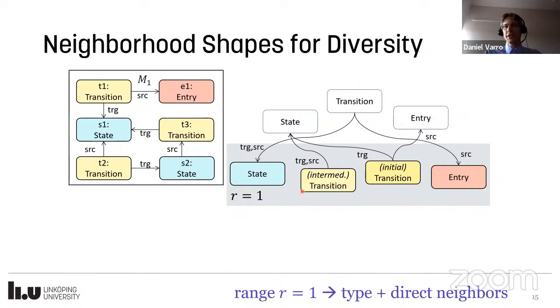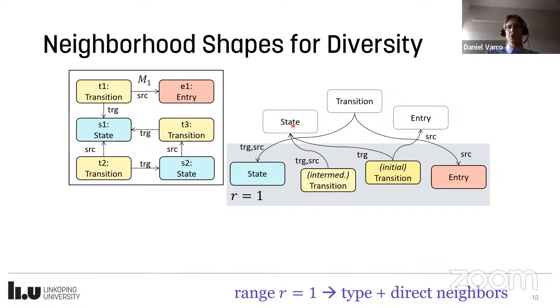However, we can further divide classes based upon the neighborhood of different kinds of nodes. So for instance, we can distinguish between transitions which lead out of the entry state or which lead out from a non-entry state.